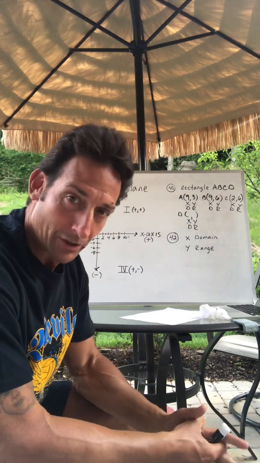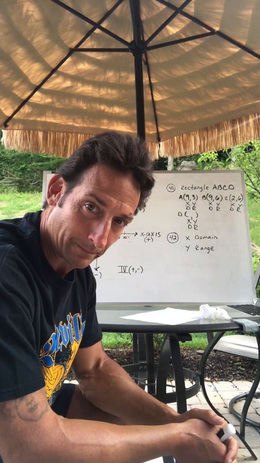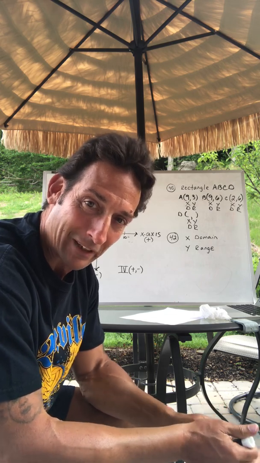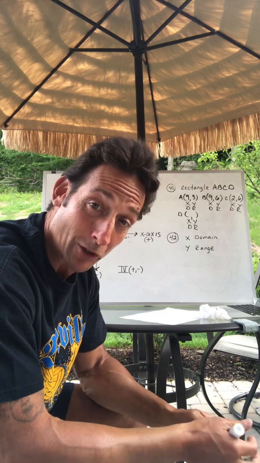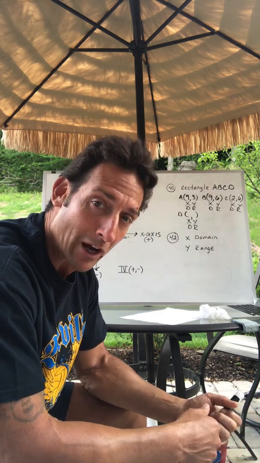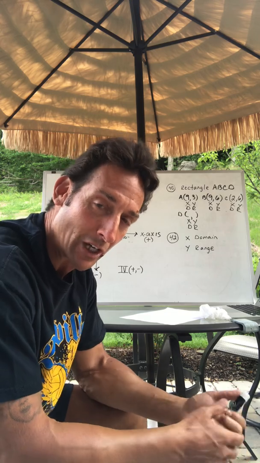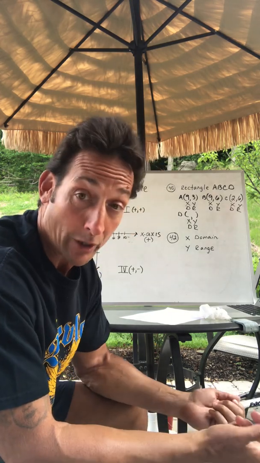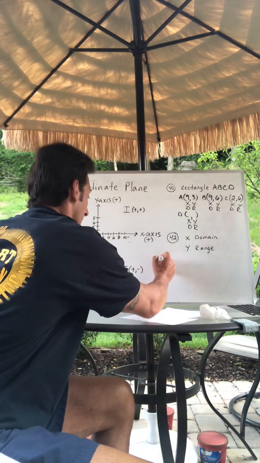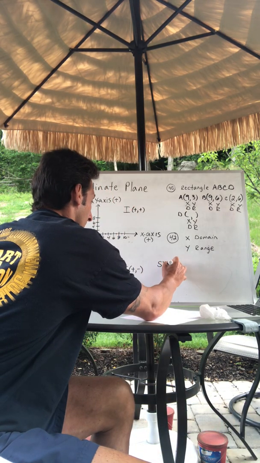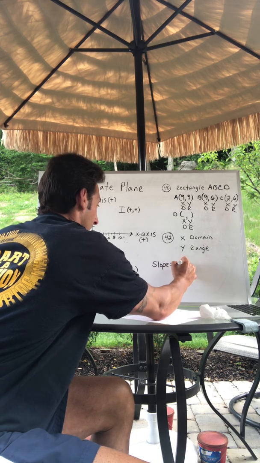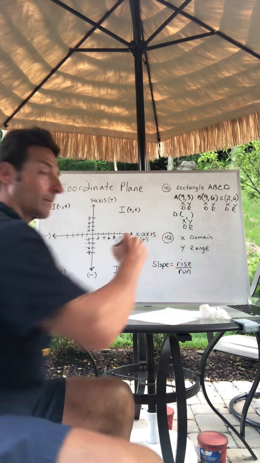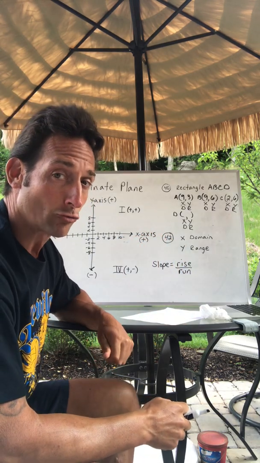On the challenge, do you know what slope is? Wow, that's awesome. I'm glad everybody knows what slope is. Slope is rise over run. The change of y over the change of x. I'm not going to get too crazy with you, but I'm going to write a simple formula for you because we are graphing. Your rise over your run.